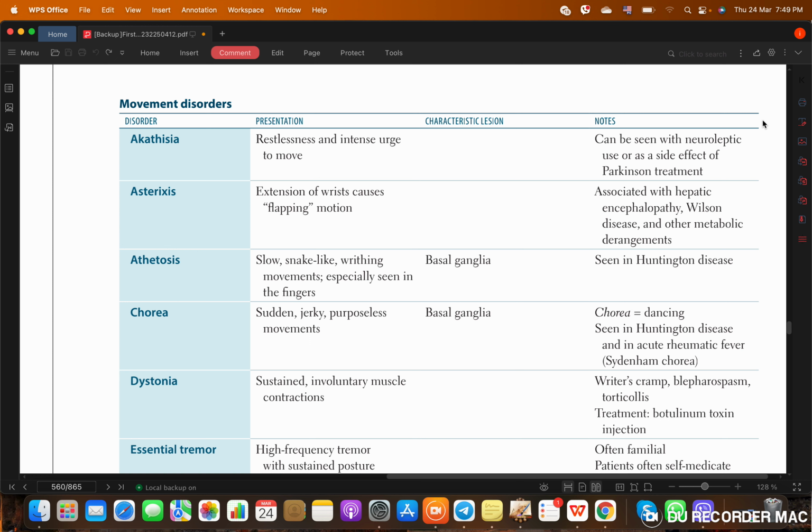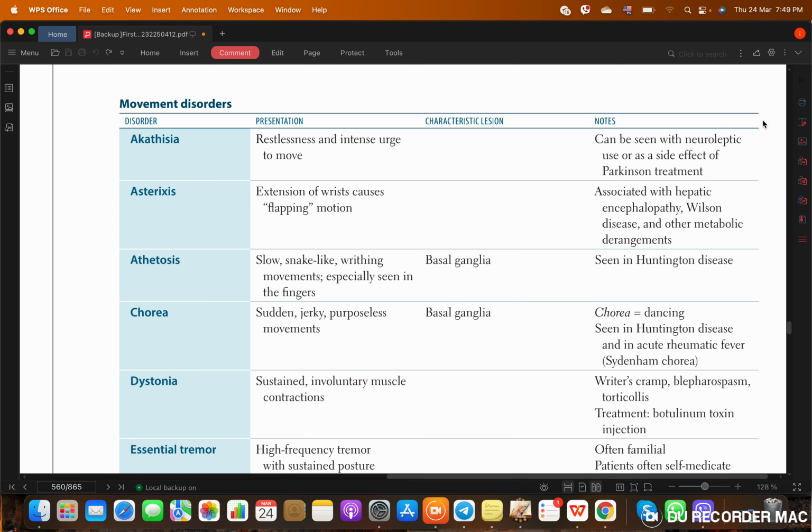Basically, it is most often with neuroleptic use, because when you use a neuroleptic, what you are doing is reducing the amount of dopamine in the body, and that will lead to extrapyramidal symptoms. The extrapyramidal symptoms include akathisia, which is restlessness, because it affects the basal ganglia.